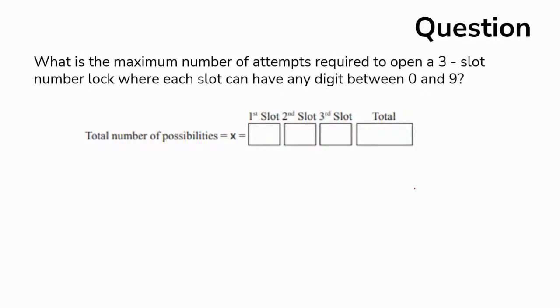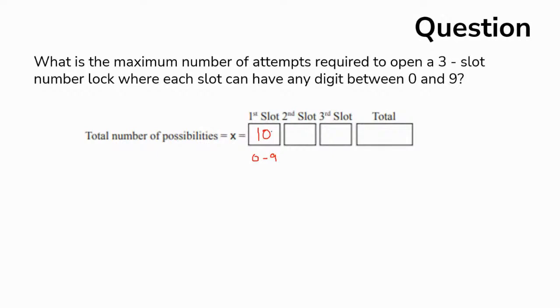So what they were saying here, what is the maximum number of attempts required to open a three slot number lock where each slot can have any digits between 0 and 9? So from this, can I say that the first slot can use any digit between 0 and 9? So how many possibilities is there?